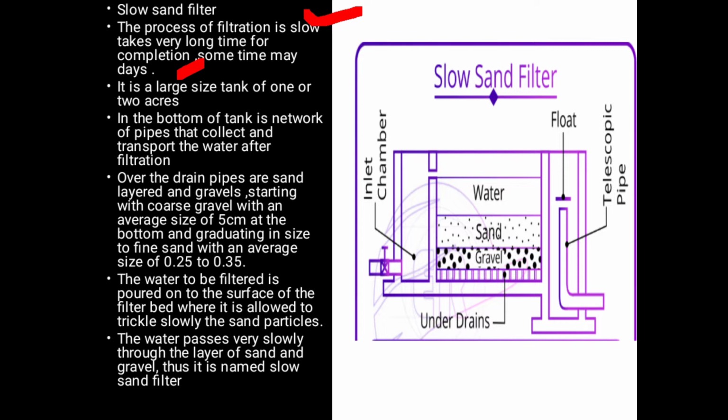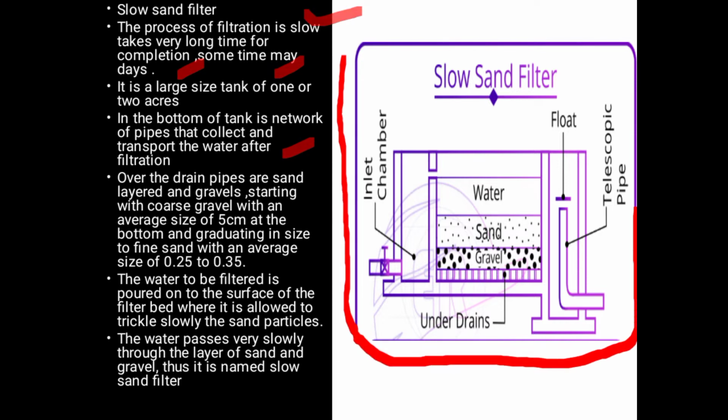Actually, slow sand filter is a large size tank of 1 or 2 acres. At the bottom of the tank is a network of pipes that collect and transport the water after filtration. Look at this.